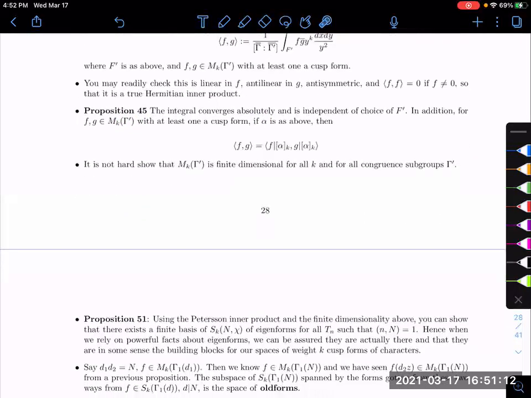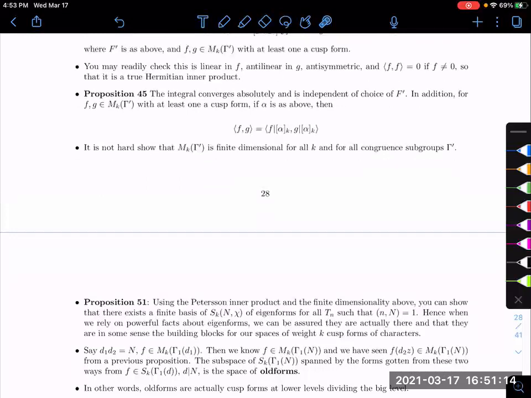The next thing I want you to be aware of, and I know I'm kind of skimming over this and it seems like it might be hard to show, it's not hard to show: any space of modular forms for any congruence subgroup is finite dimensional, no matter what the weight is and no matter what the congruence subgroup is.